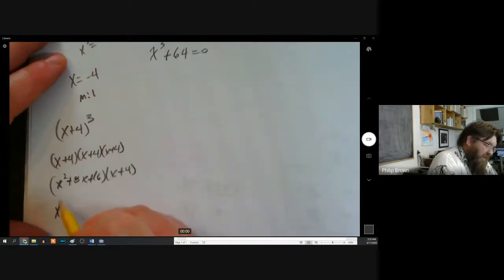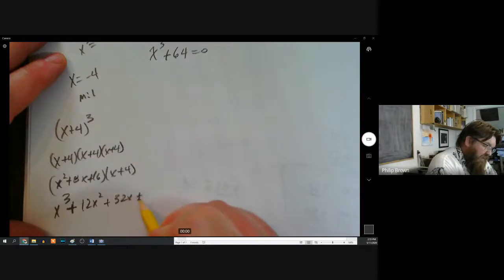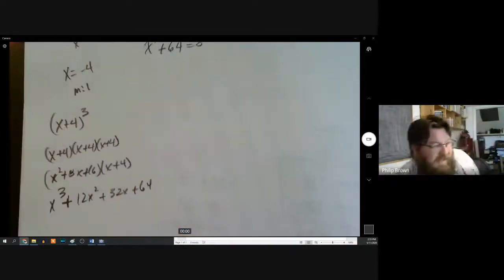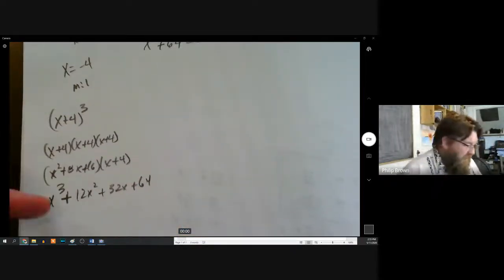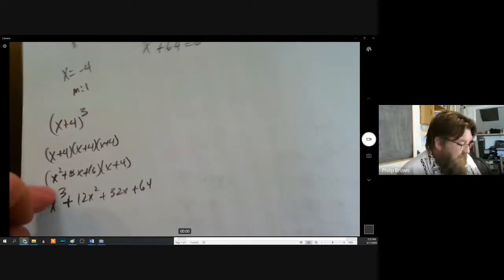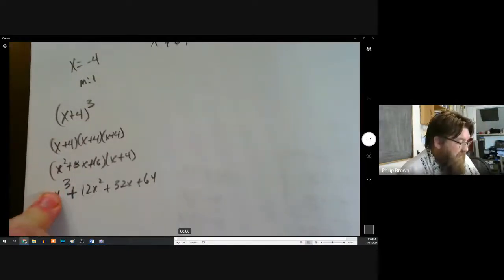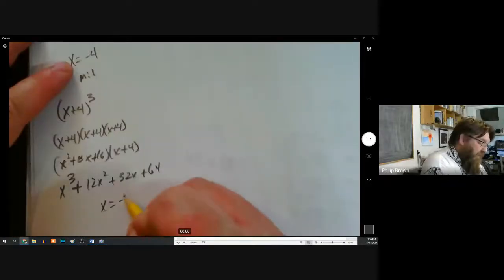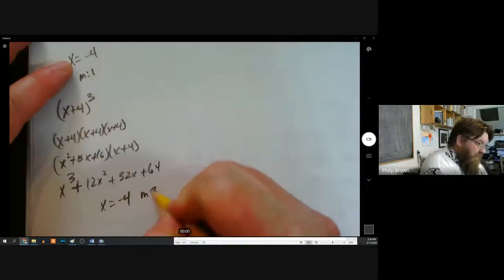I think it was x cubed plus 12x squared plus 48x plus 64, something like that by memory, because we just did it a minute ago, but I forgot to record. Either way, this has one solution of x equals -4 with a multiplicity of 3.